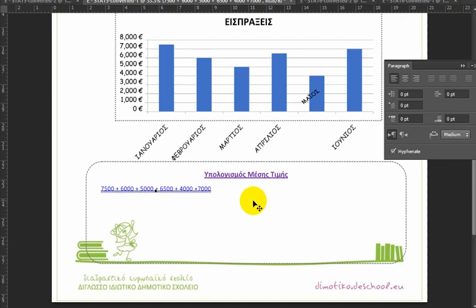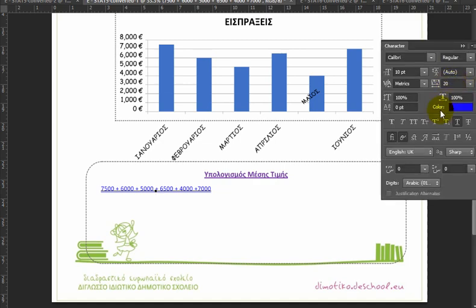And we have here a total of 6 months. So we need to divide all this by 6.